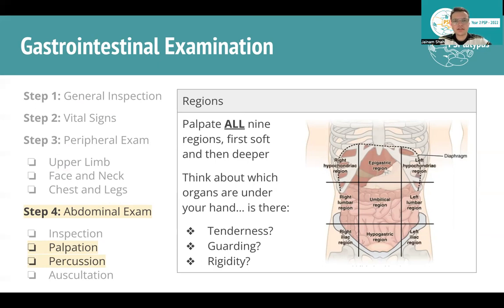Now, a couple of things to think about when you're palpating and the patient seems to be a little bit uncomfortable, or they physically yell out in pain. Is it tender? That's, of course, the sensation of pain that the patient will feel. And it's a good idea to understand the difference between guarding and rigidity.